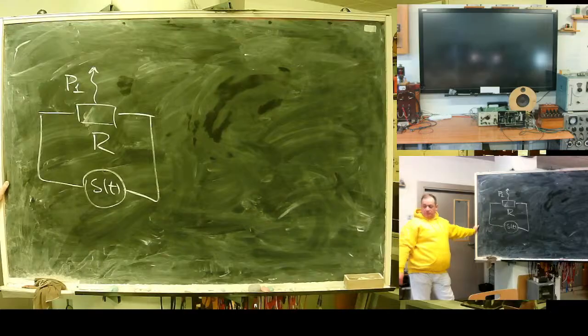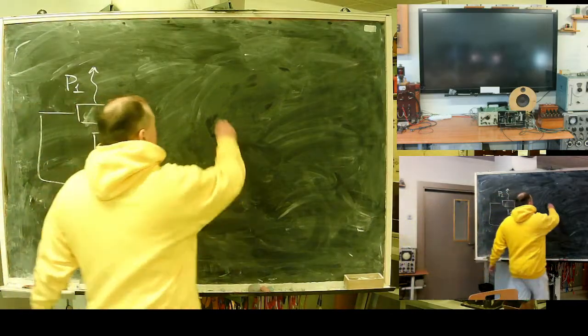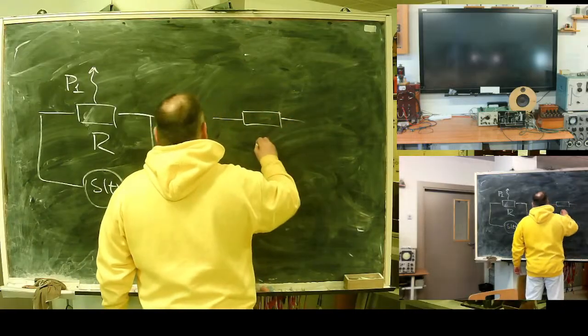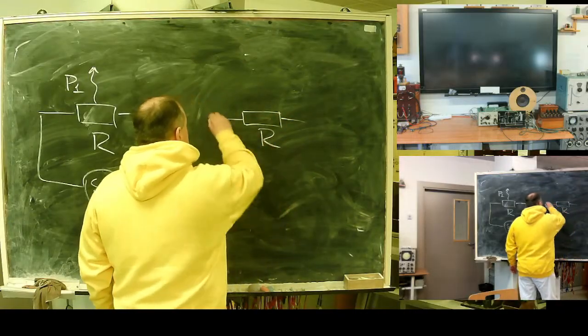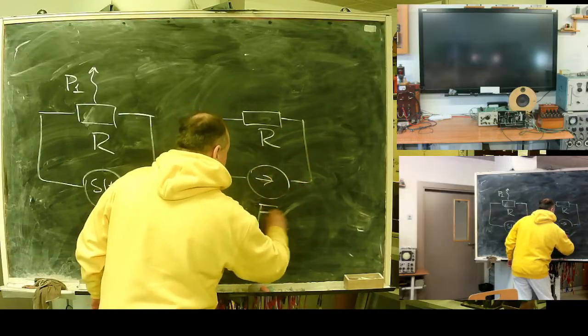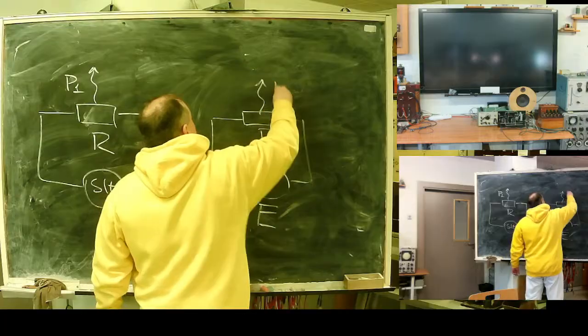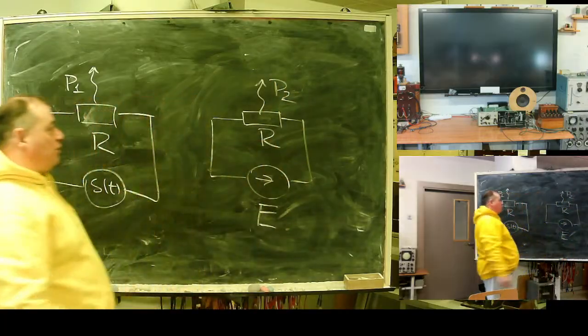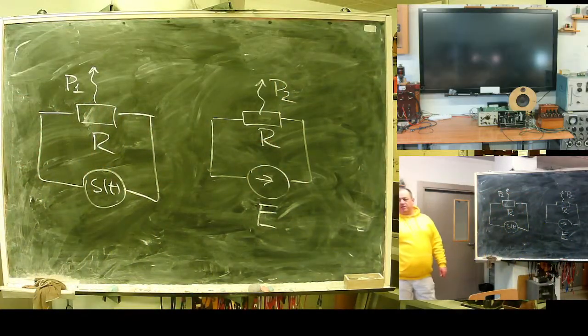If you attach voltage to resistance, it becomes hot. I can take same resistance, attach it to DC source, and of course it will be hot, it will produce thermal power P2. Dissipate.